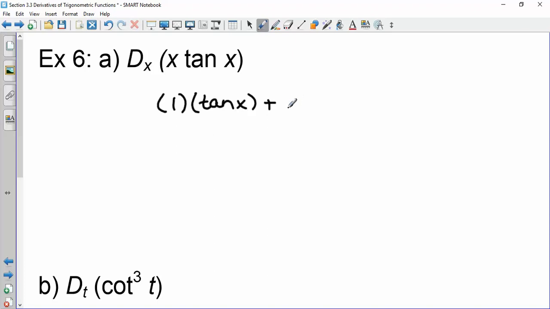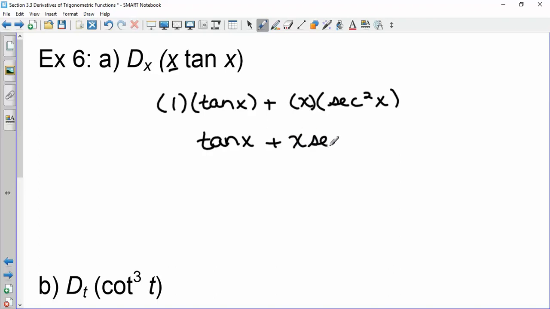I haven't done the derivative of tangent yet. I'm doing the product. The derivative of x is still a 1, plus the first thing, so that's my x, times the derivative of the second. Derivative of tangent is secant squared. So you just get tangent x plus x secant squared x.